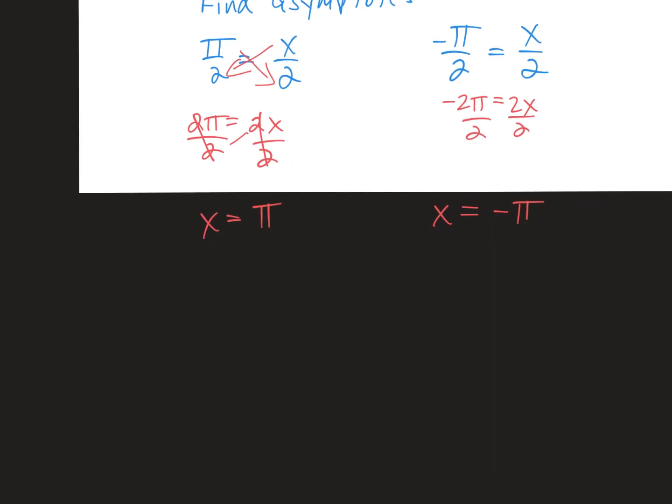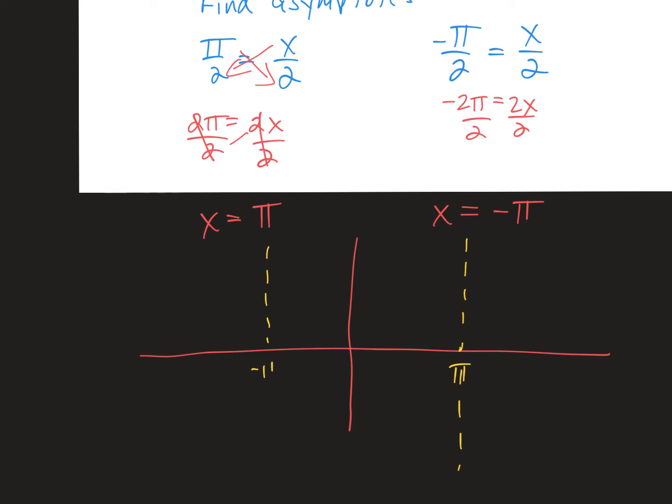So if you're going to graph, go ahead and set it up. You're going to have an asymptote at pi, and you're going to have an asymptote at negative pi, right? We already found that. Remember, our asymptotes are dotted lines. They're boundary lines. Now, I told you we need to find 4, and we've already found 2. To find the other ones, they have to be equidistant apart. What does that mean? Equal distance.